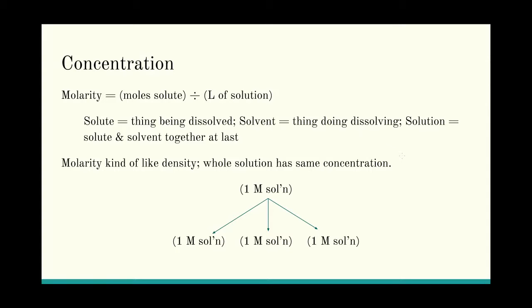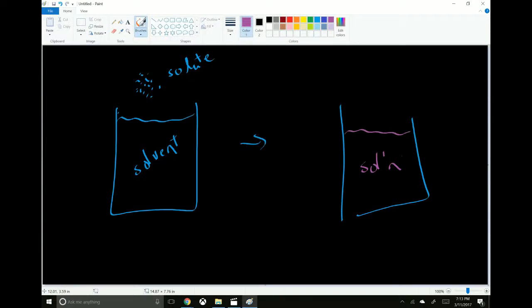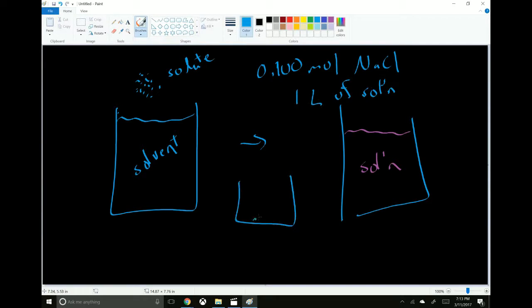So when we talk about mixing up a solution, we'll say you add, say, 0.100 moles of table salt to get 1 liter of solution. Meaning that you have your glass, you pour your salt in first, and then, and only then, you fill to the 1 liter mark.